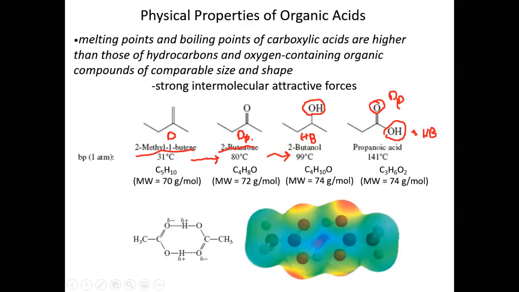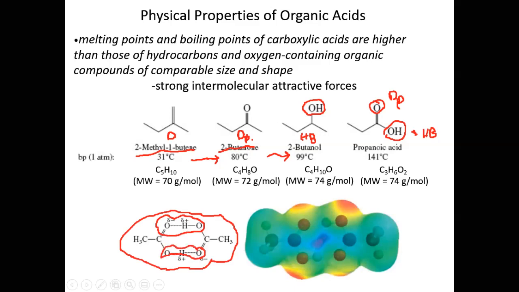So what's so unique about carboxylic acids is that when they interact, they form what are called dimers. The OH on one carboxylic group hydrogen bonds with the carbon double bond oxygen on another, and then that carbon double bond oxygen interacts with the OH on the other carboxylic acid.